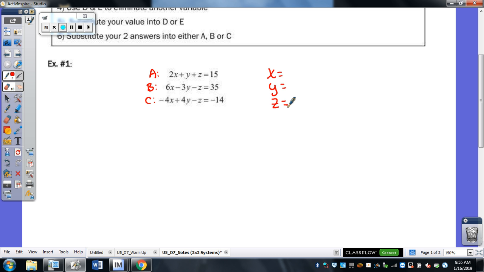So I'm probably going to go for z's first, because they're all already the same number. They're all already a 1. Some of them are positive, some of them are negative. So what I'm going to start with is I'm going to take equation A, and I'm going to add it to equation B, because if I add these together, my z's are going to cancel each other out, because they're already one positive, one negative.